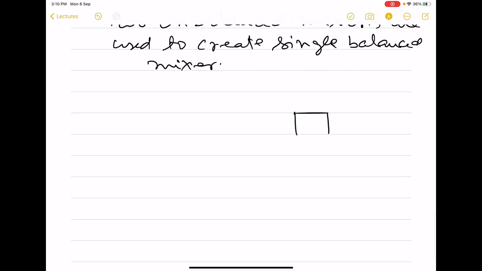So we have this unbalanced mixer here. So this is one mixer.